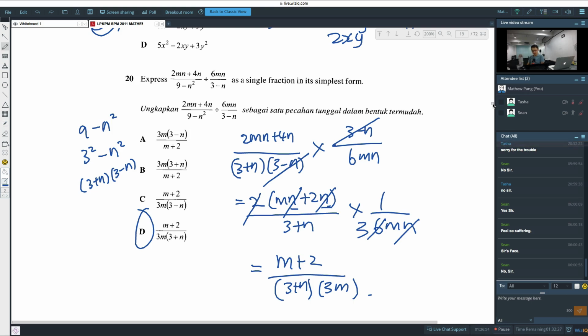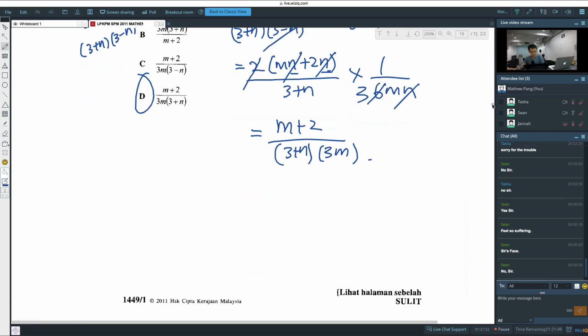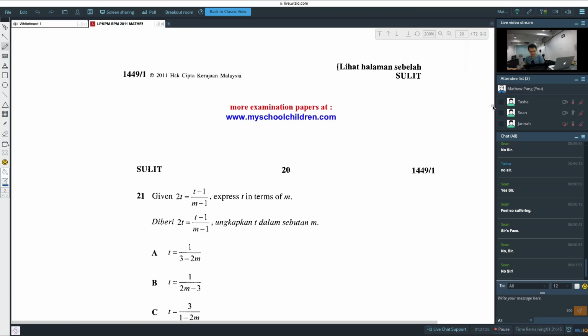Okay. For Sean, at the bottom of your screen, do you see something like live chat support? Maybe you can click on the live chat support and ask them why you are having this issue. Do you see the live chat support in your bottom right hand side? Or you didn't see anything?